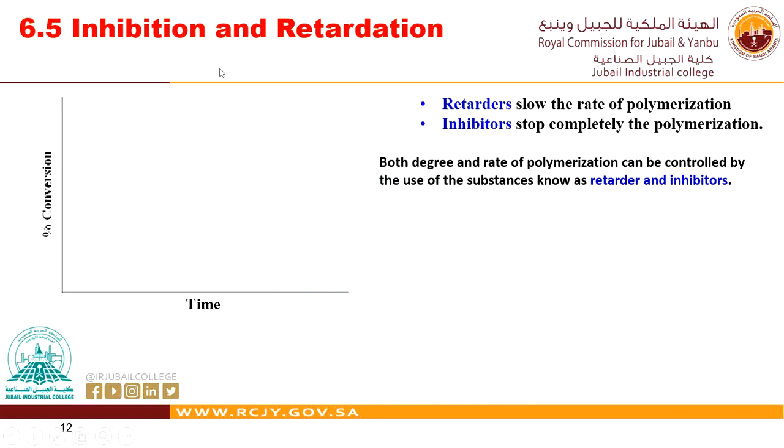So this concept here, we have inhibition and retardation. Generally, an inhibitor is a chemical that stops polymerization completely, and retardation is a compound or a molecule that will slow down the rate of polymerization.